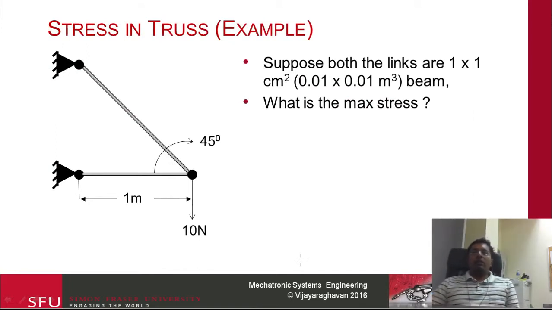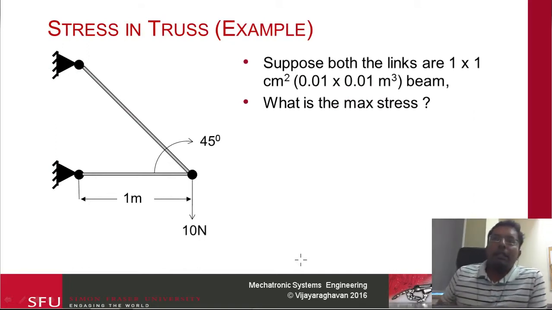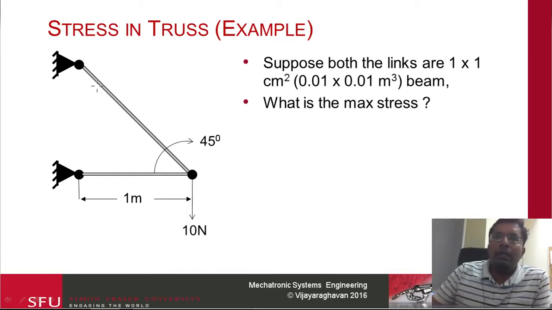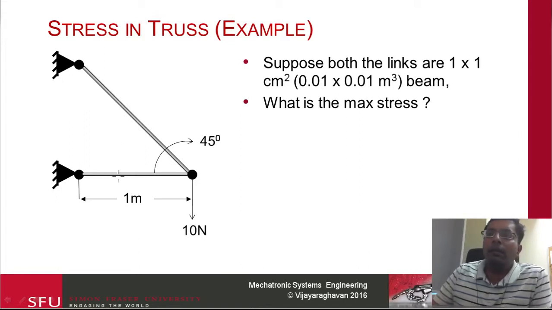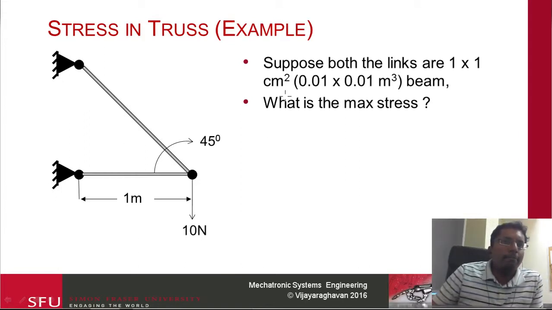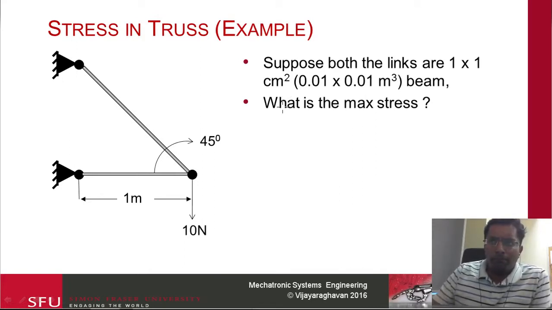So now we're going to do a simple truss example. We're going to assume that this link is 1 meter, and the cross section is assumed to be 1 centimeter squared. And then what we're trying to do is calculate the maximum stress. So we basically have two links over here. Either one of those can potentially have a maximum stress.